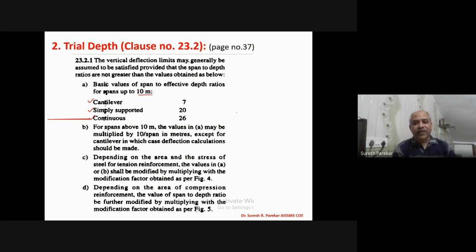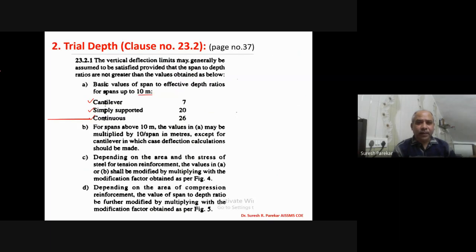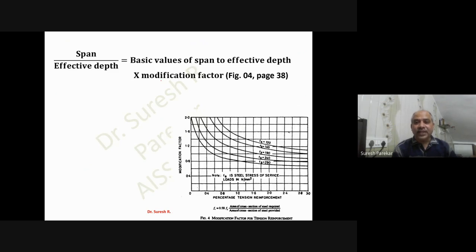So for slabs, we multiply only by the modification factor due to tension reinforcement. We have the basic values of span to effective depth into the modification factor, which we take from figure 4.